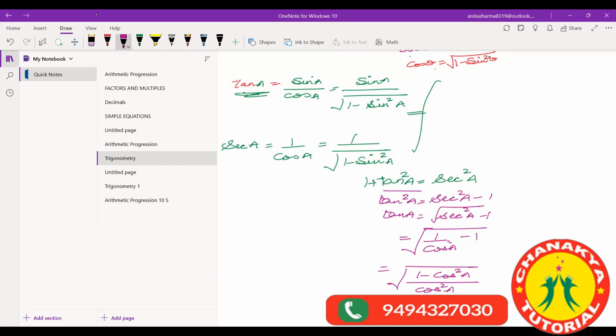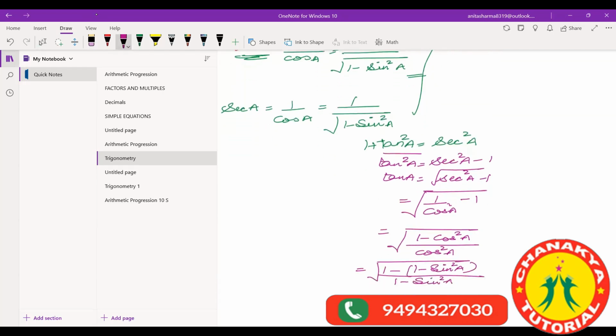Now, 1 minus cos square A. What is your cos square A? 1 minus sin square A, right, beta? So 1 minus (1 minus sin square A) upon 1 minus sin square A, right? Yes, ma'am. Now open the bracket. Under root 1 minus 1 will be 0. So it will be sin square A upon 1 minus sin square A. This is the answer. Got it?